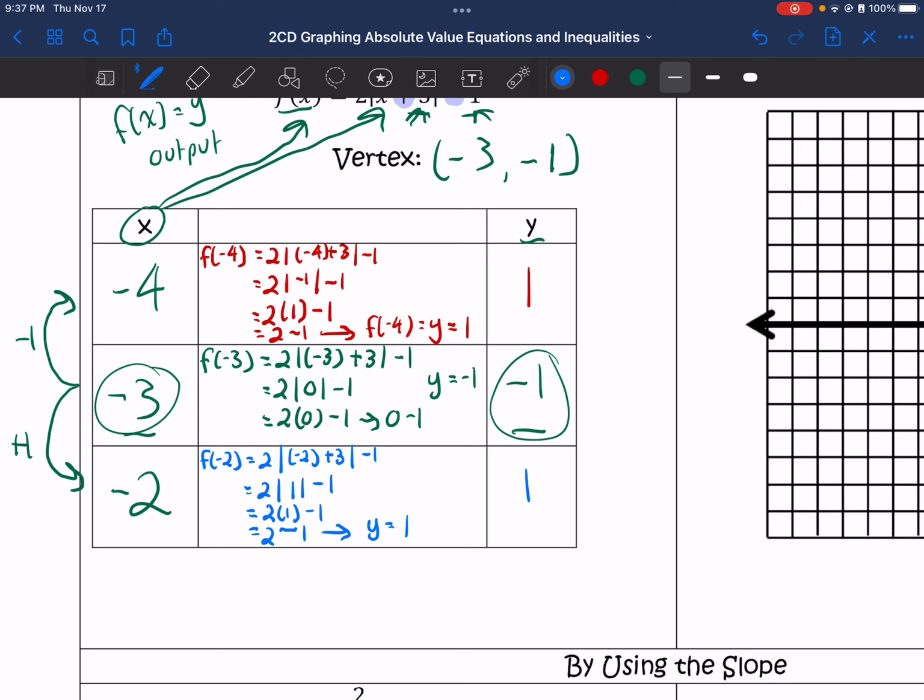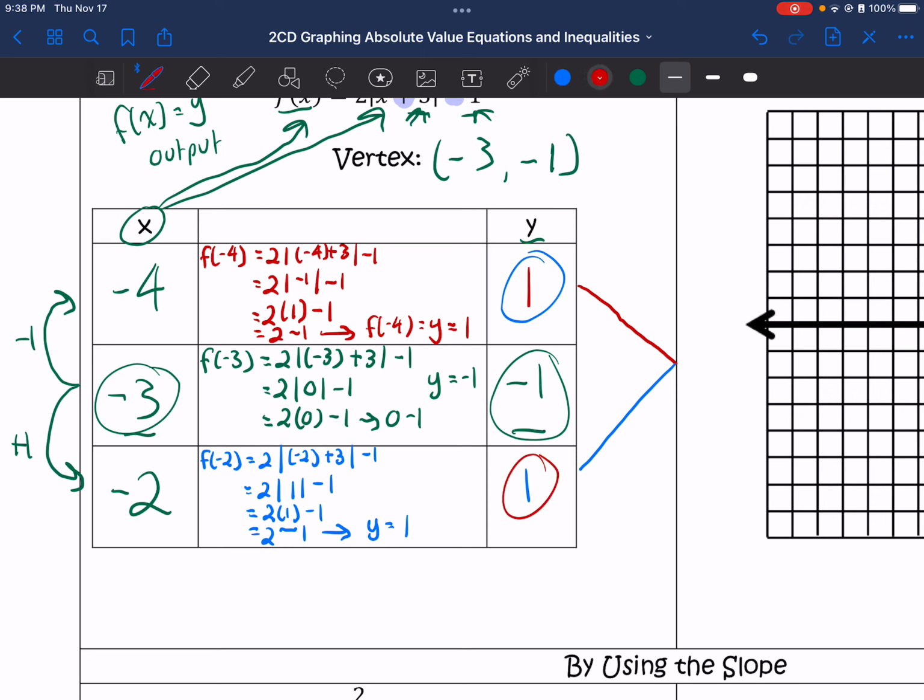Now there are 2 things I want you all to notice. When we are analyzing one step below and one step above our vertex, our middle point, we have the same y values for both of these points.